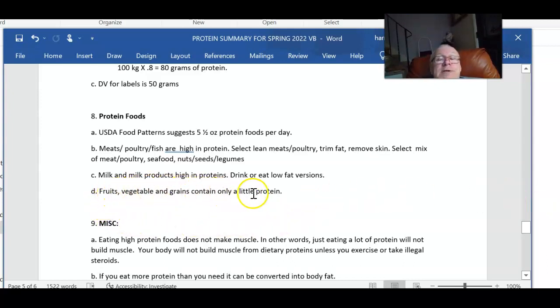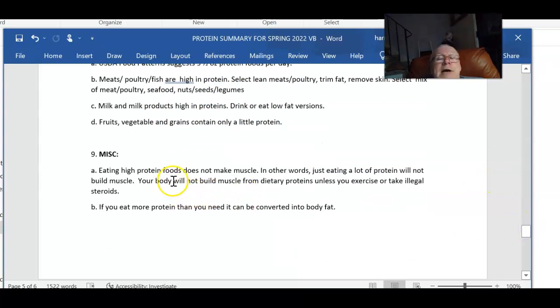Fruits, vegetables, and grains contain only a little bit of protein. Legumes, bean-type things, have a lot of protein in them. So go through these things a little bit and be familiar with the foods that are higher in protein and some of the foods that are lower in protein.